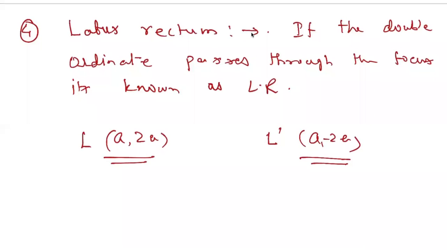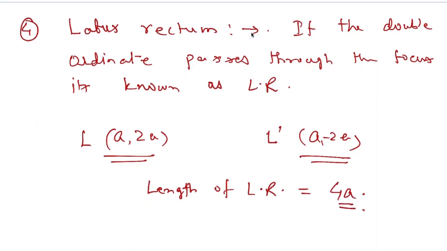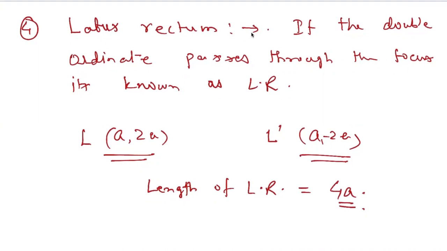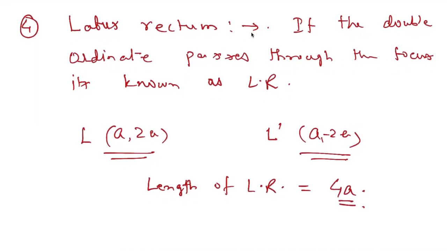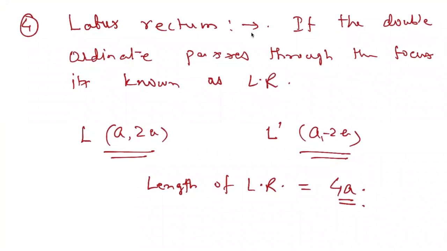The length of LR is 4a. If you see this in the coordinate axis, there are a few basic properties, but very useful.